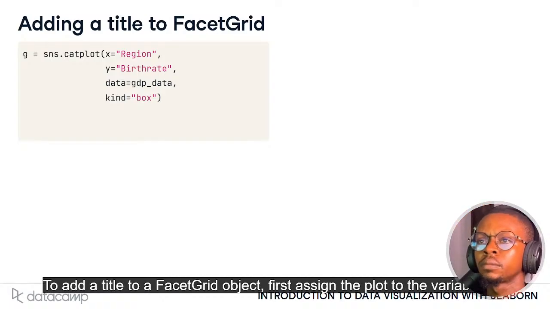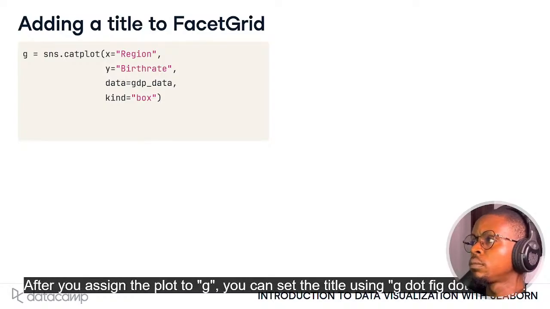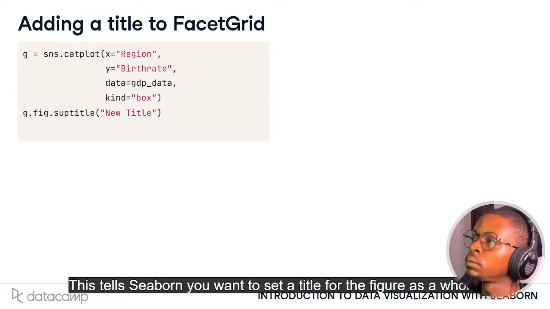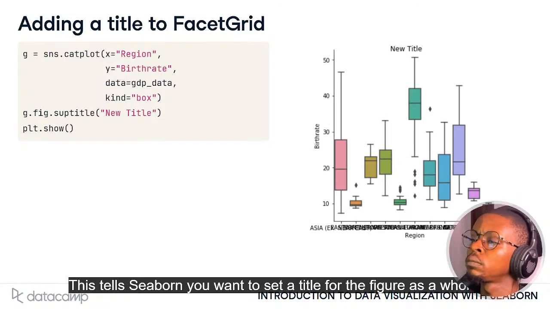To add a title to a facet grid object, first assign the plot to the variable g. After you assign the plot to g, you can set the title using g.fig.suptitle. This tells Seaborn you want to set a title for the figure as a whole.